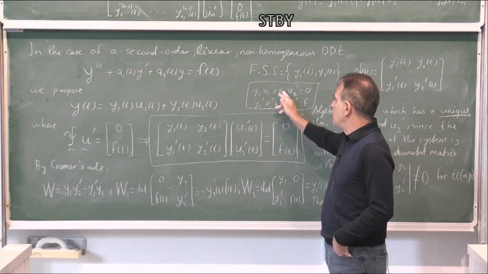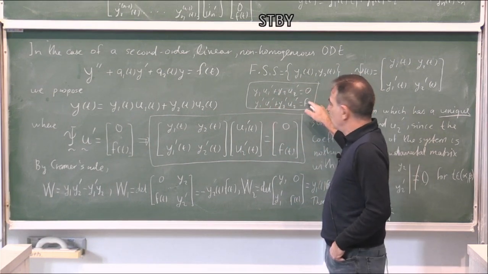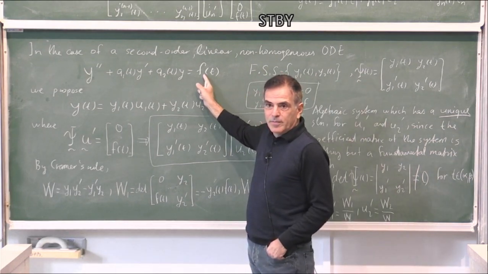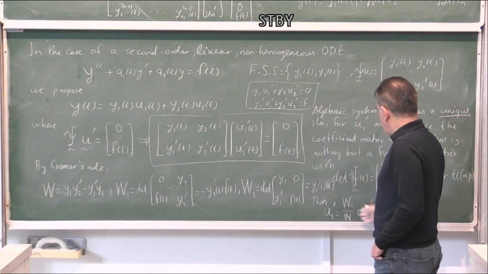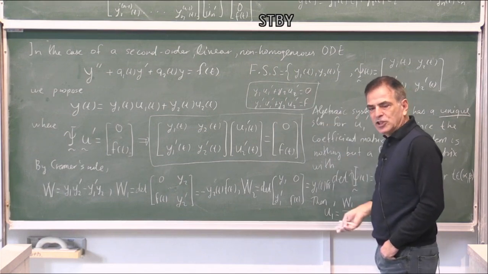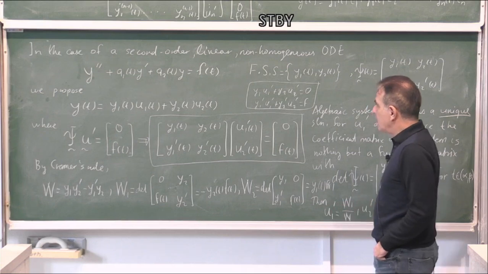So their derivatives are also known, or may be calculated. So f is very well known. It is the right-hand side non-homogeneity term. Okay? So we find u1 prime, u2 prime using Cramer's rule or a simple elimination procedure. Then integrating, okay?